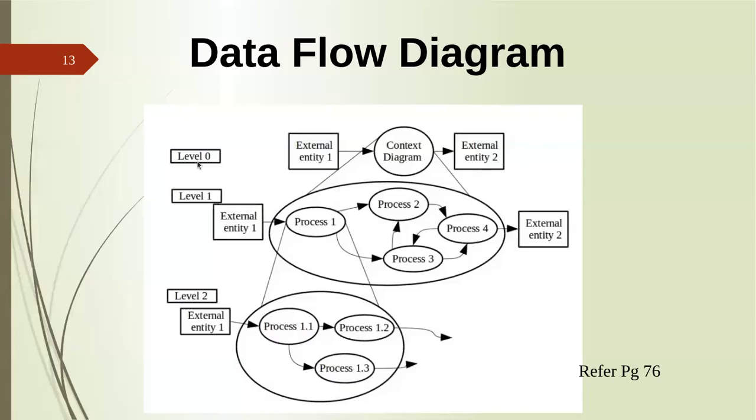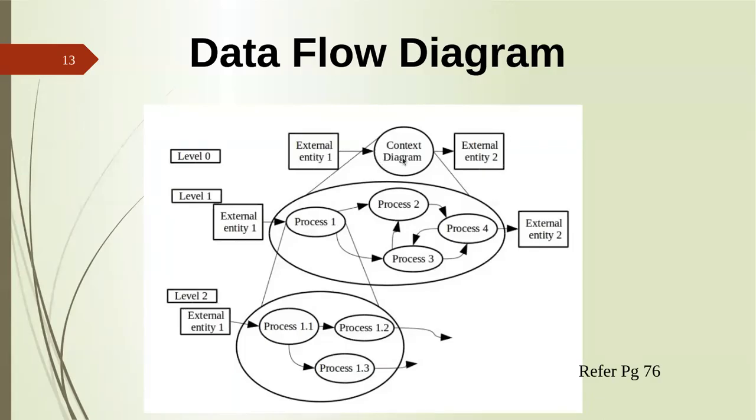We can divide this data flow diagram into levels: level 0, level 1, level 2, and up to level 7. Most of the time, refining up to level 7 is enough.